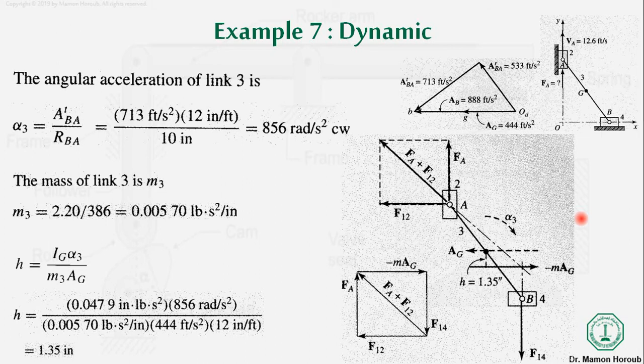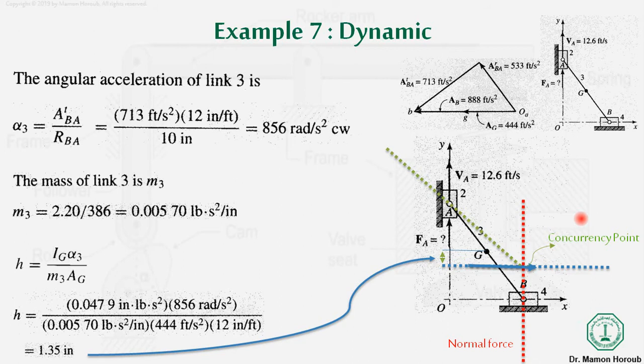So in this problem you need to keep in mind how you will solve a similar problem like this one. Whenever you have a link, let's suppose for this link the mass was given to us, the Ig was given to us, and we can easily calculate the value of alpha 3, and the weight was given to us, from which we calculate m3.